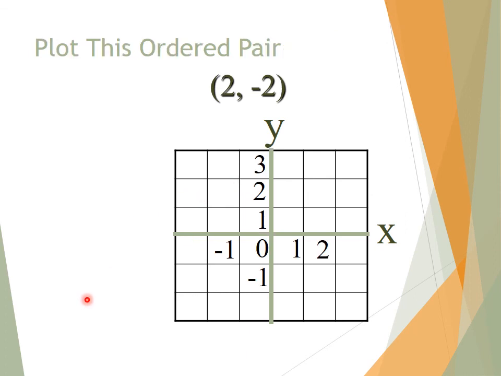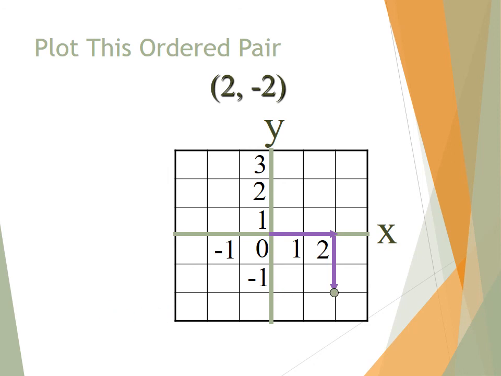Now let us plot 2, -2. Starting from the origin, we'll move to the right hand side because 2 is positive. Again, the y coordinate is negative, so we'll move to -2. So here 0, -1, -2. This is -2.